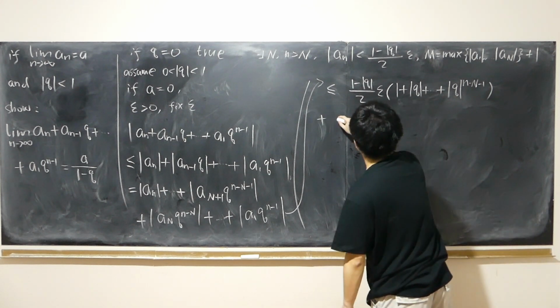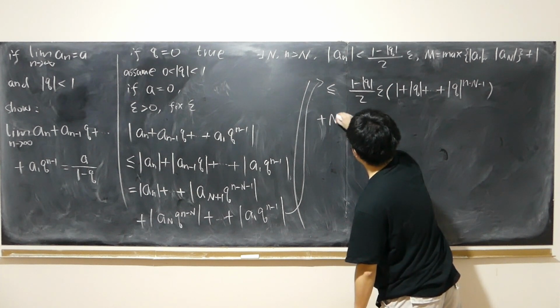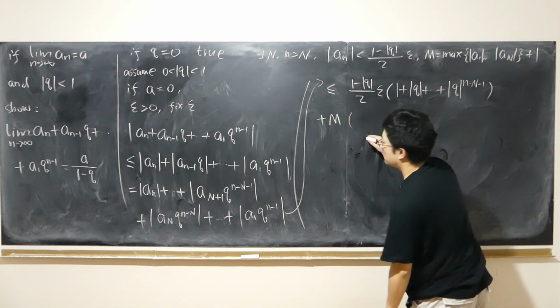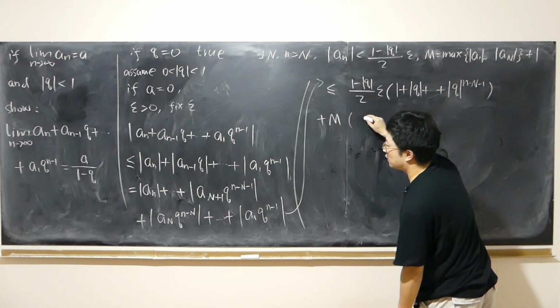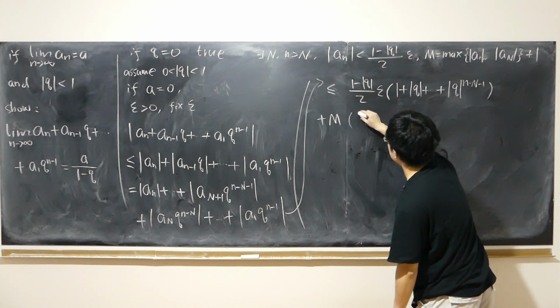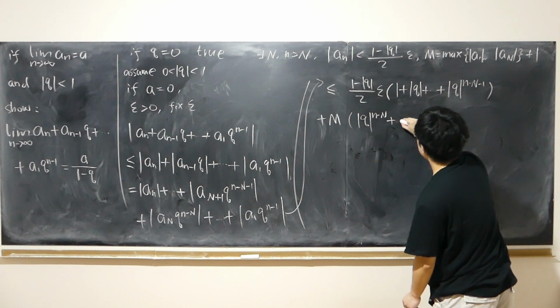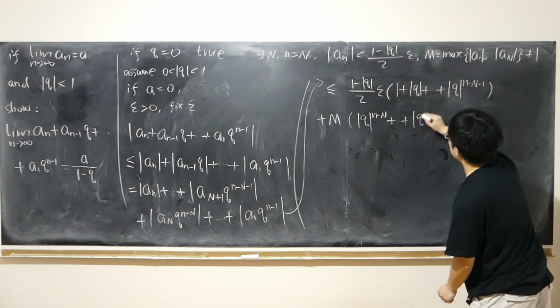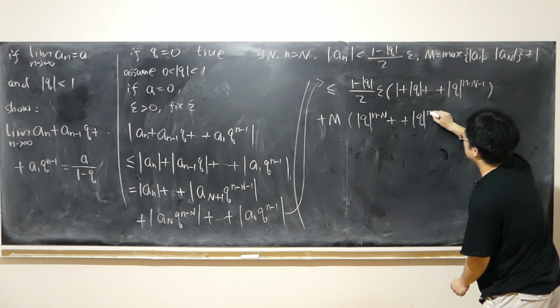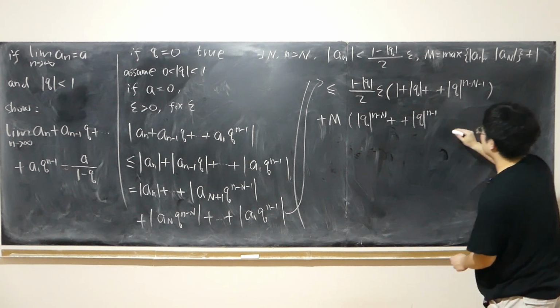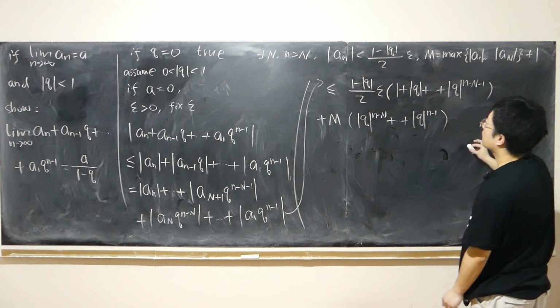That is M factored out, left with the absolute value of q to the n minus capital N plus the absolute value of q to the power of n minus 1.